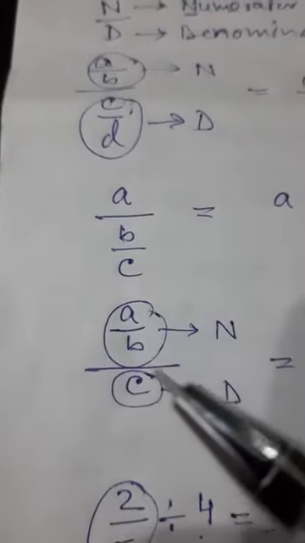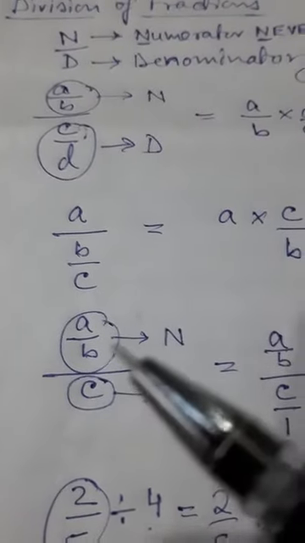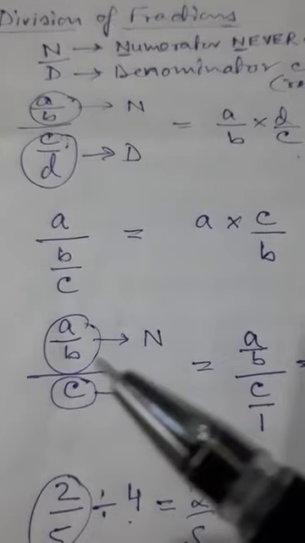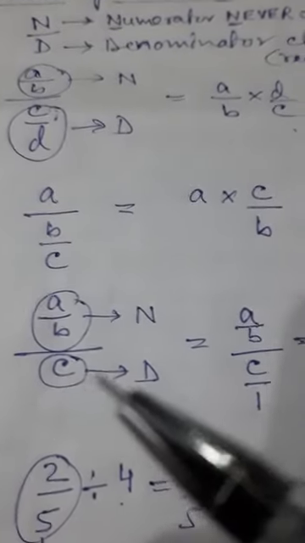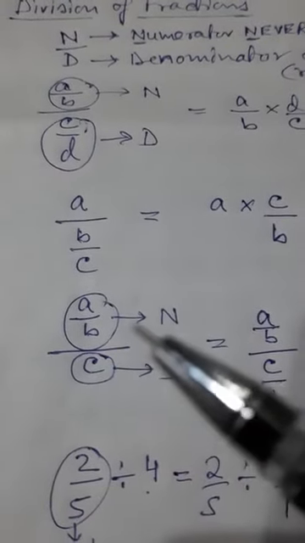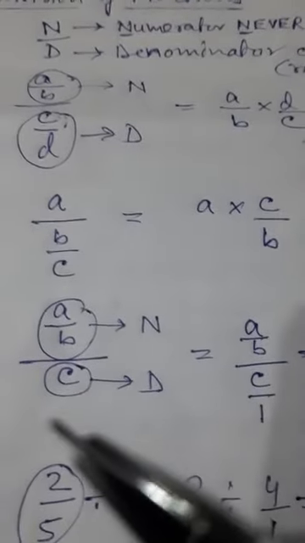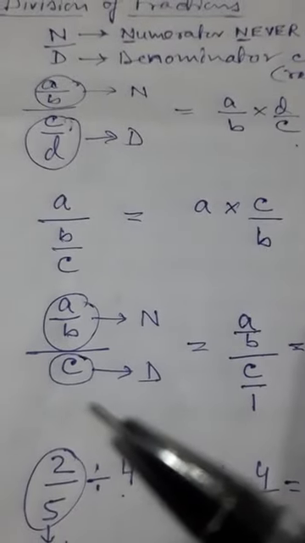Now another case, here numerator is a fraction but denominator is not a fraction. So no need to worry about numerator whether it is a fraction or not, but denominator should be a fraction. In case numerator is a fraction, denominator should also be made a fraction.